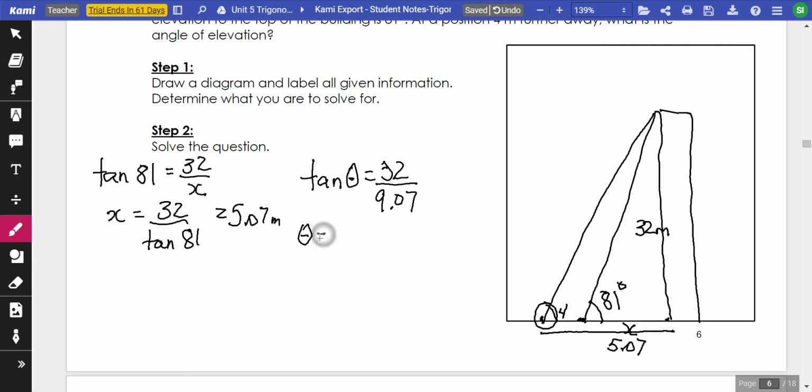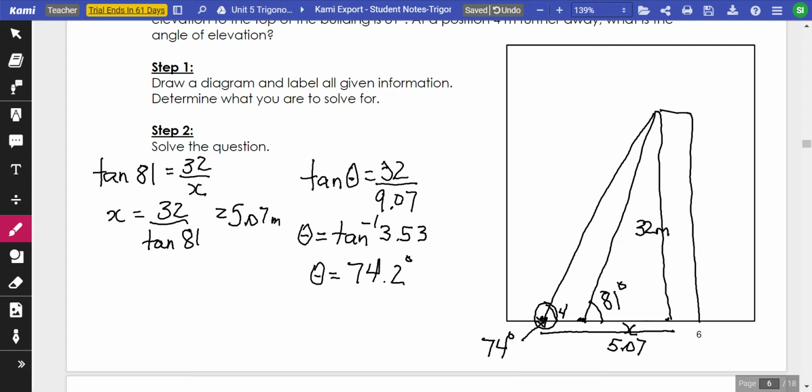So theta is equal to inverse tan, and we're going to divide the 32 by the 9.07, and that equals 3.53. And then I'll take the inverse tangent of that, and I get theta is equal to 74.2 degrees. So this angle in here is 74 degrees.